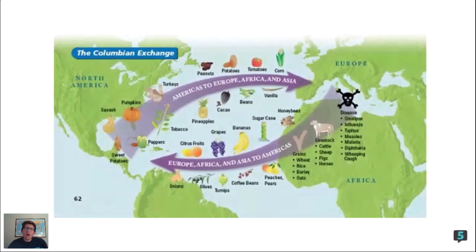Afro-Eurasian foods also move to the Americas as well. Fruit trees, grains, and probably the biggest crop, because it will become a cash crop, is sugarcane, which comes in and begins to be grown in Brazil and the Caribbean. But another thing that comes to the Americas are domesticated animals, which have drastic environmental consequences.